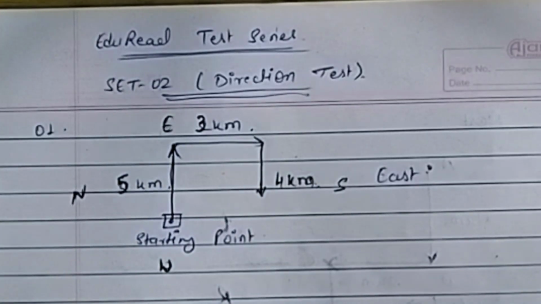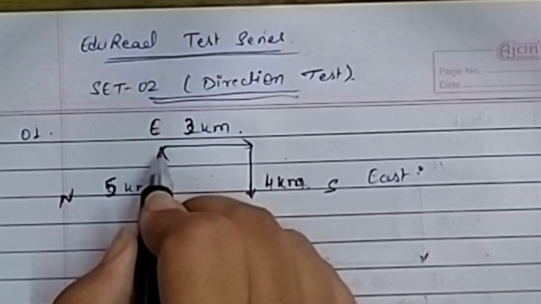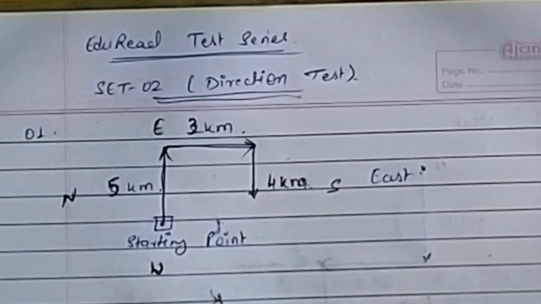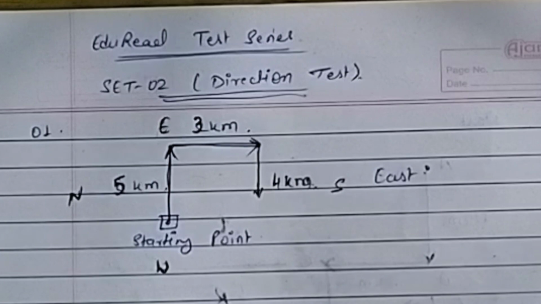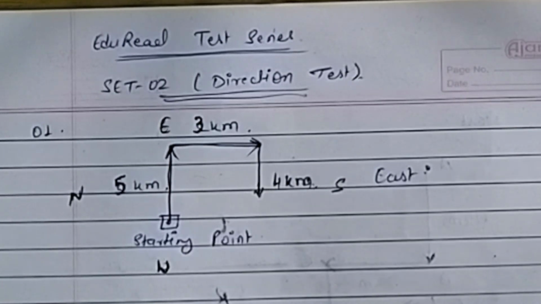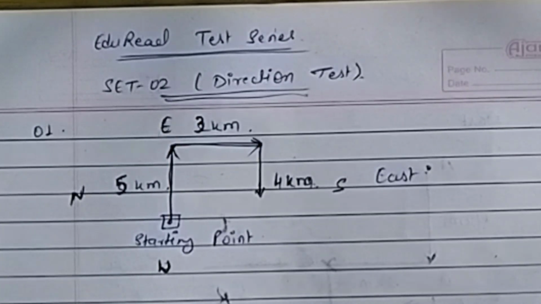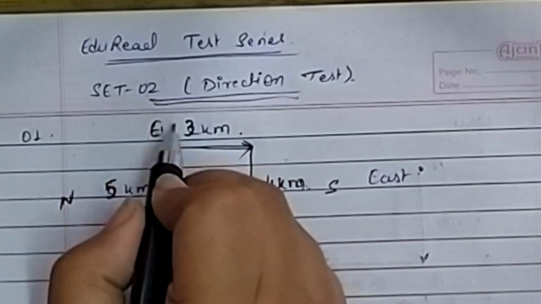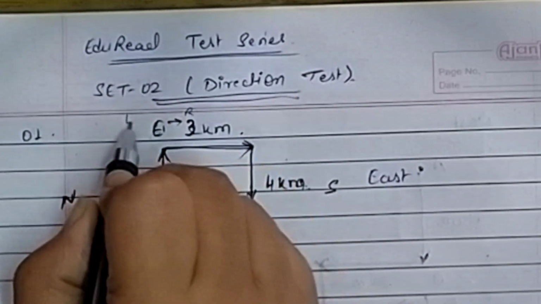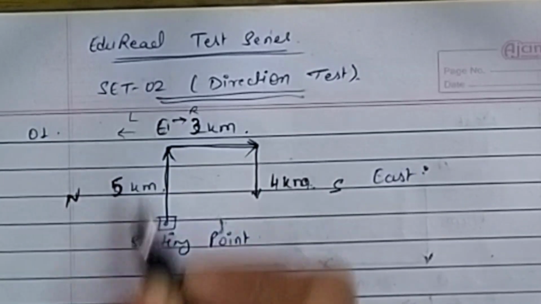Then he took a right turn and walked around 3 kilometers in the south direction. So basically, if he is facing in that way, then the right turn will be like this and left turn will be like here in that direction.